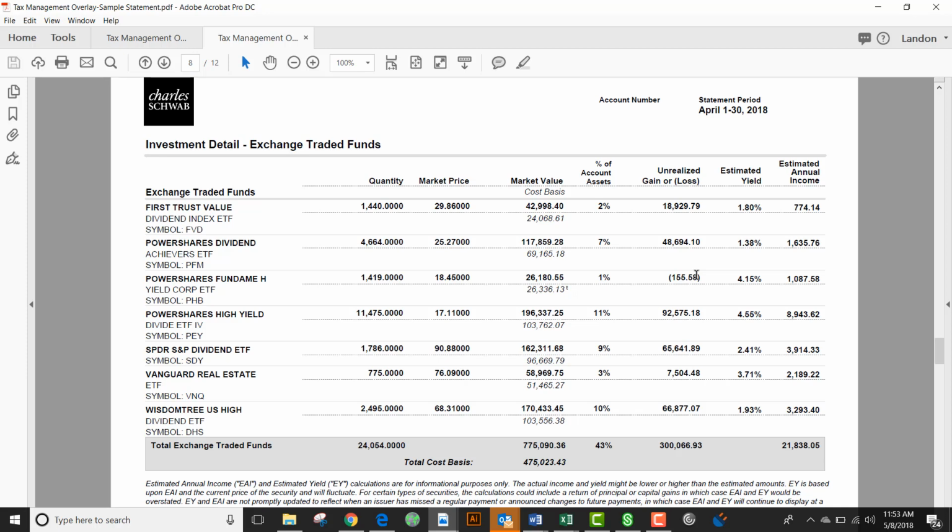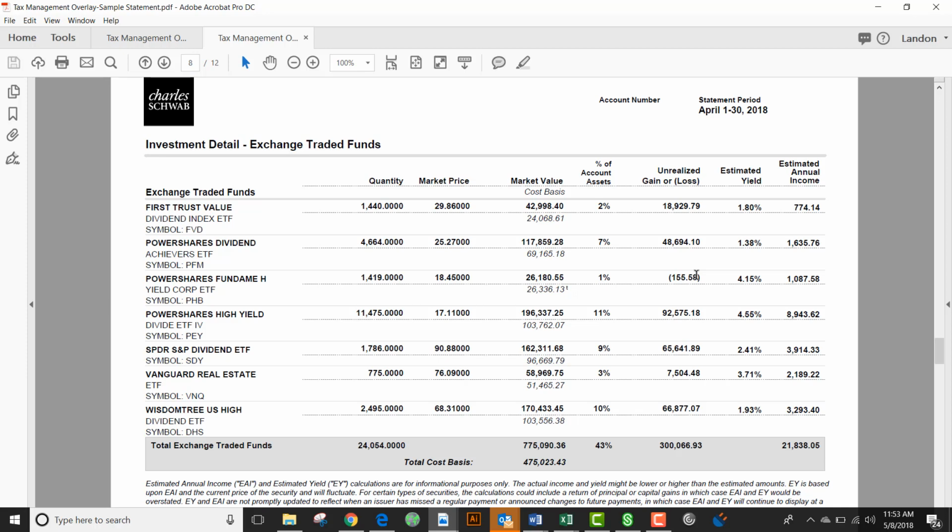So that is how we would handle this particular case. So again, tax management overlay, really, it's a simple concept. There's all these little details. There's all these things that can be done. Asset location or position optimization, which is another recording, is one of the aspects of tax management overlay.